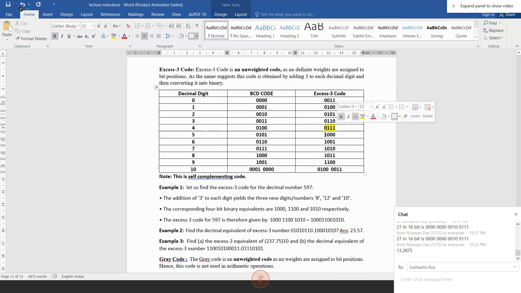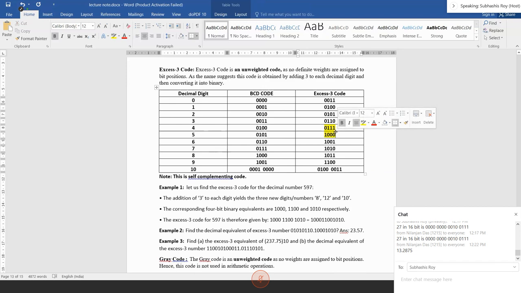So that means it's an unweighted but self-complementing code. With 5211, previously we had a weighted self-complementing code, but this is an unweighted self-complementing code.